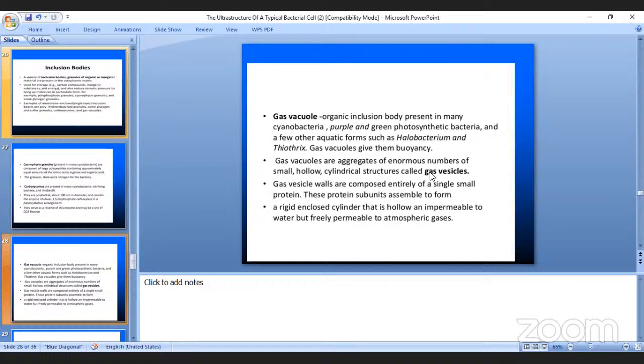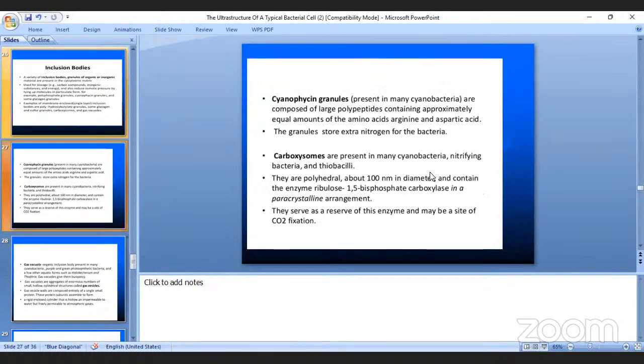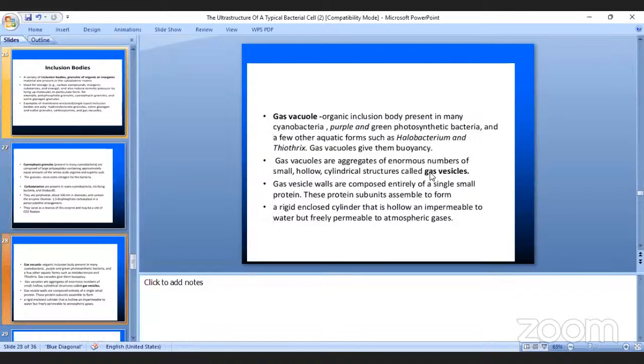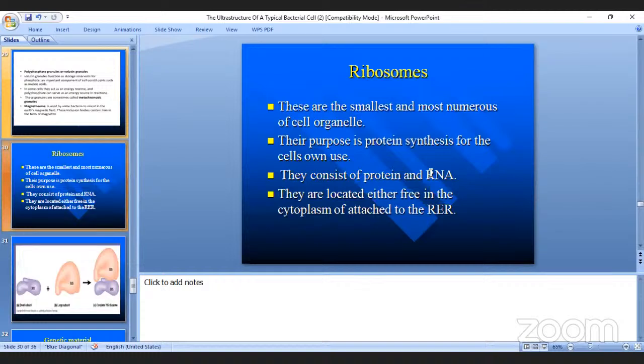Remember the cell components: inclusion bodies, cyanophycin granules, carboxysomes, gas vacuole. The gas vacuole is another cell organelle present inside the bacteria, but it is not important. And ribosomes are the most important ones.